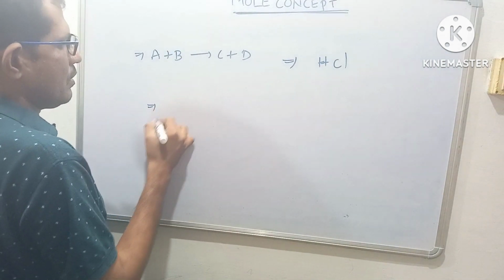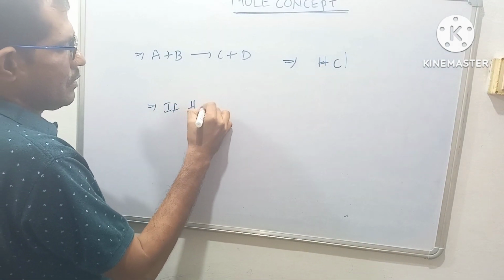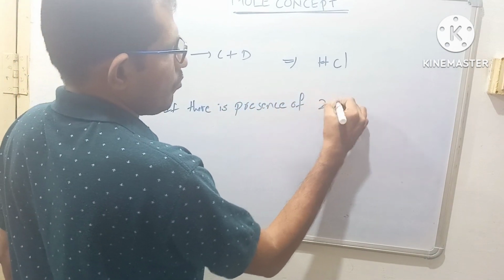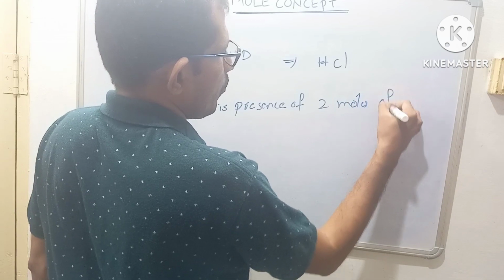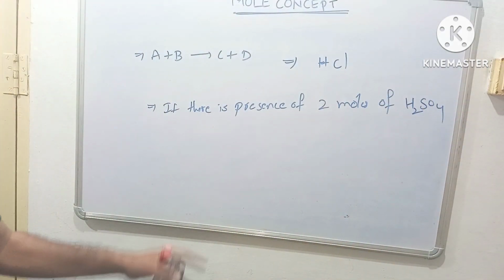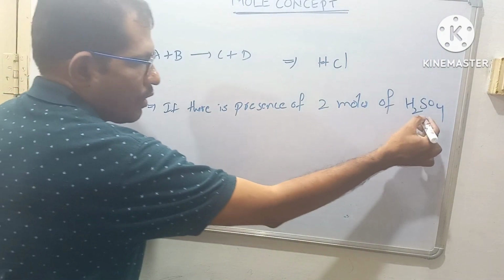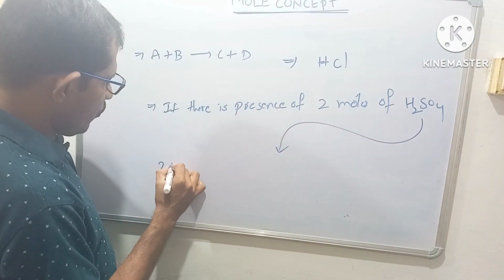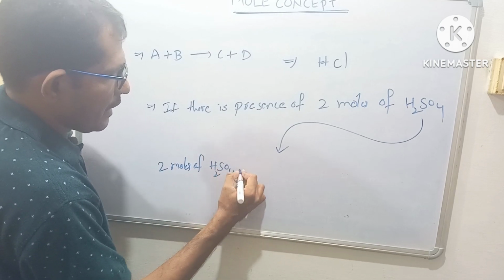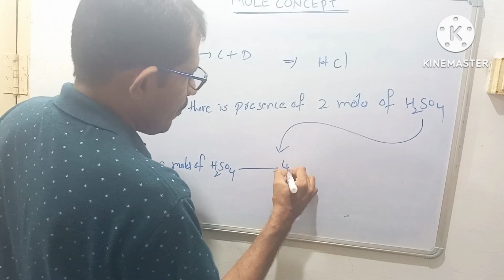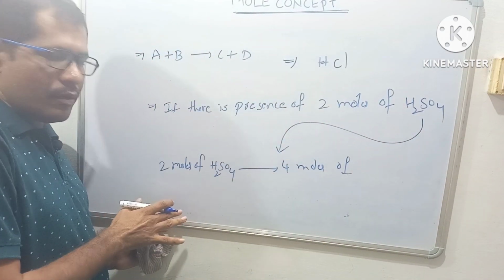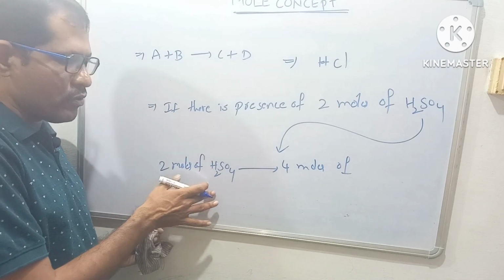In a question, if he mentions there is presence of 2 moles of H2SO4, then use this concept that in 2 moles of H2SO4 there is presence of 4 moles of H. Why 4? 1 mole means 2 hydrogen atoms, but here I am mentioning 2 moles of H2SO4.